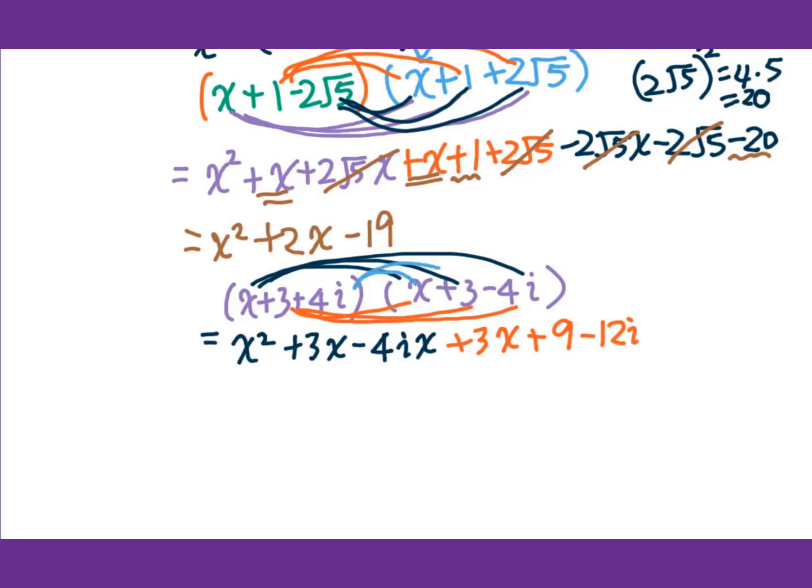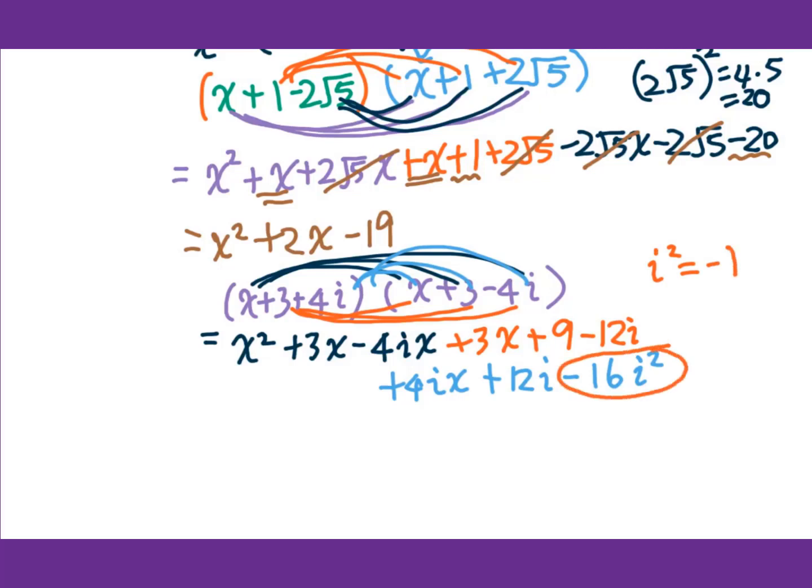Then you do these. You will get plus 4ix plus 12i minus 16i squared. We know that i squared equals negative 1. Therefore, for this one, that means plus 16.